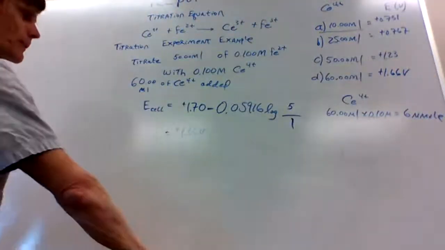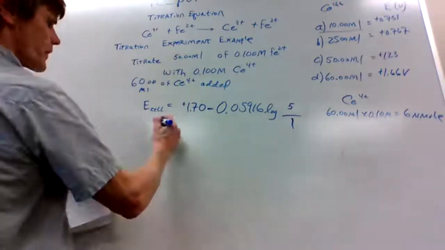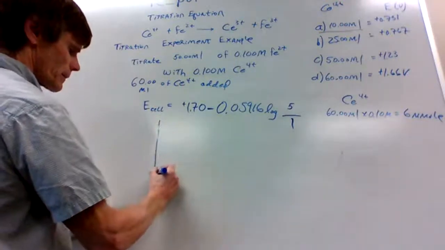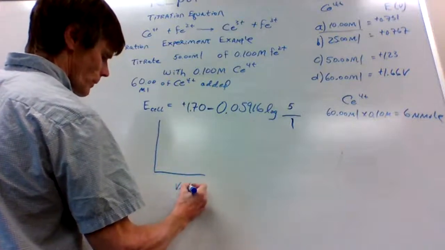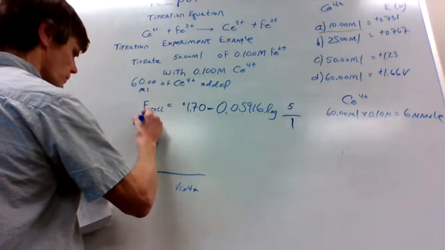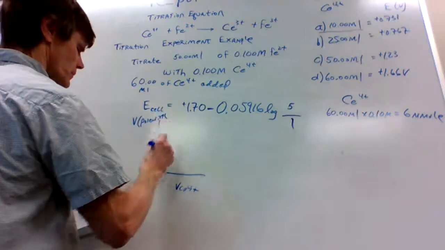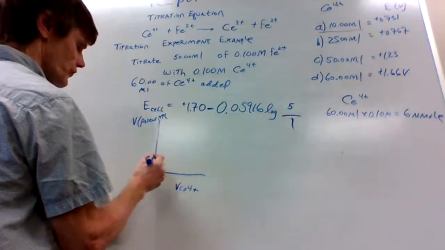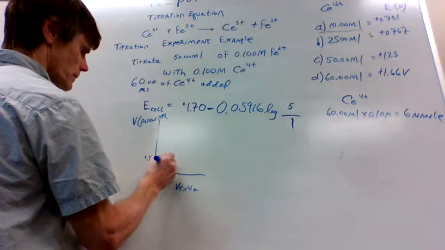Let's think about the titration curve now. So this is the curve that we're generating. Volume of the Ce4 positive versus the measured potential in voltage. And we're starting low. We're starting down here around 0.7.